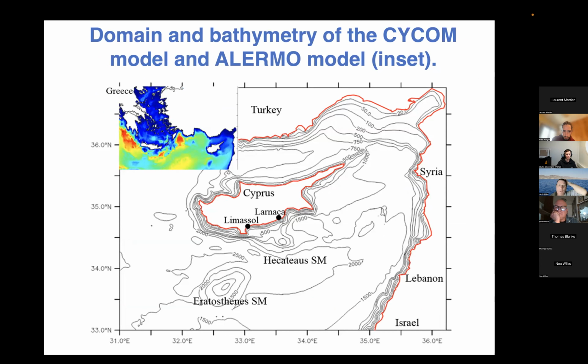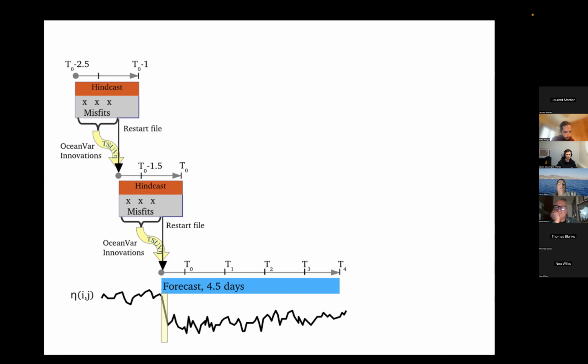What we did, every day, and we did it for a few months, is run a hindcast model for 2.5 days into the past. So T0 is the present day. You compare the model result to the observations, in this case the observations by the glider. And then using OceanVar, you correct the initial condition, then you run it again for another day and a half.